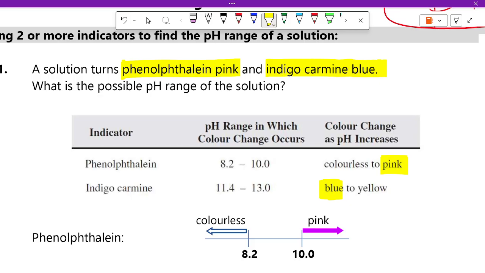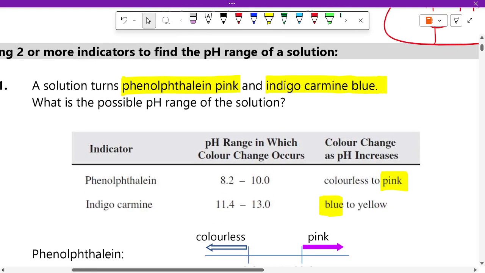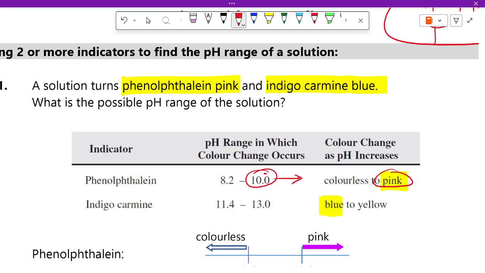At what pH does phenolphthalein turn pink? Yeah. So pH 10 or more, it's going to be pink. At what pH is indigo carmine blue? 11.4. So, from 11.4 and lower.